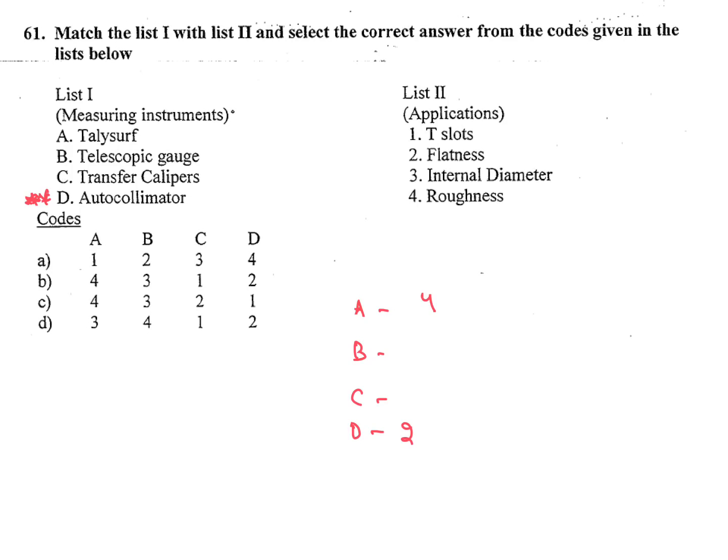From the options also, if you know autocollimator is D2, you can omit this one and this one. D2, here C1, then Talysurf is for roughness measurement, so the answer is B: 4 3 1 2.